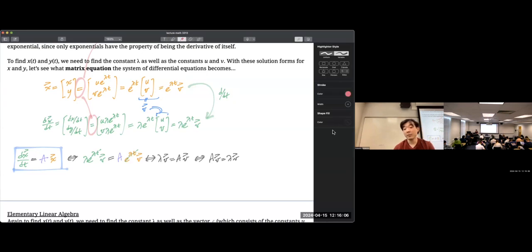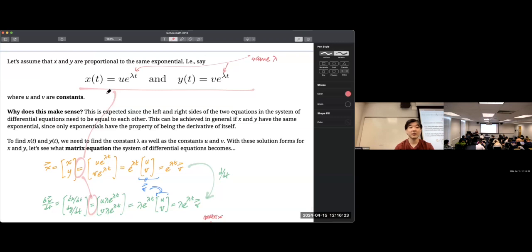And I want to point out here, A is a matrix. Okay, so I'll just label things. A is a matrix. Lambda is a constant. We said that, yeah. Lambda is from the e to the lambda t, right?